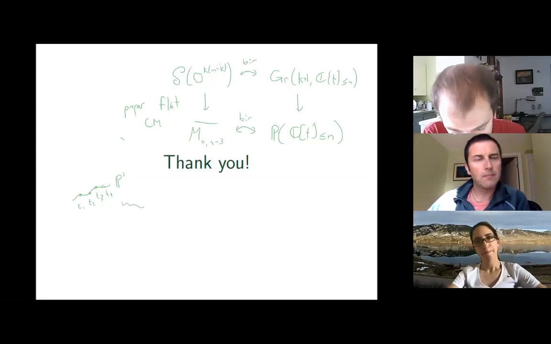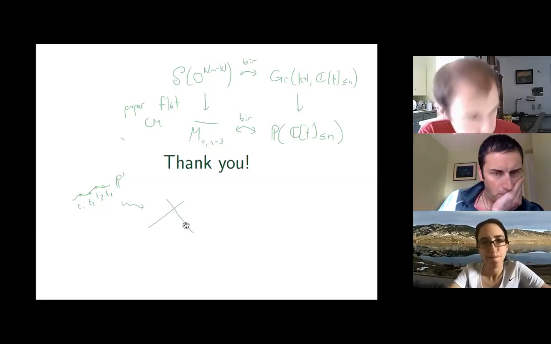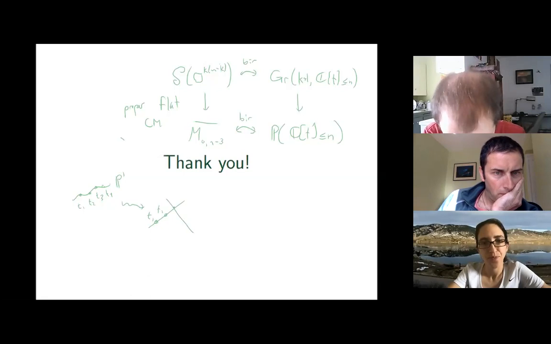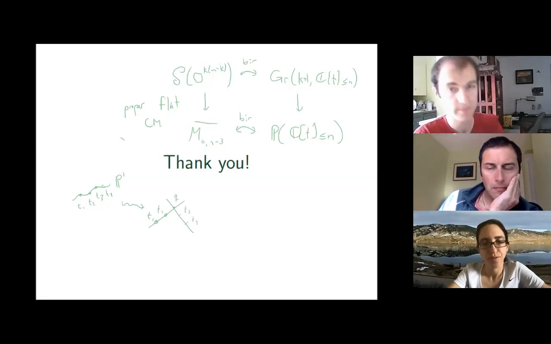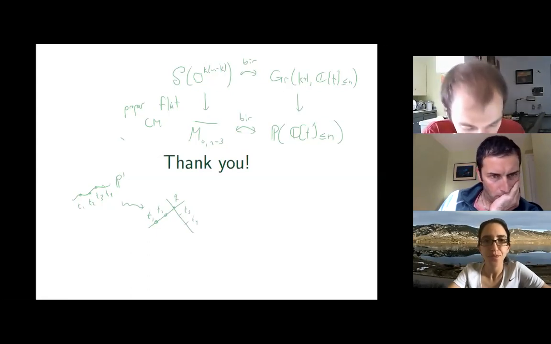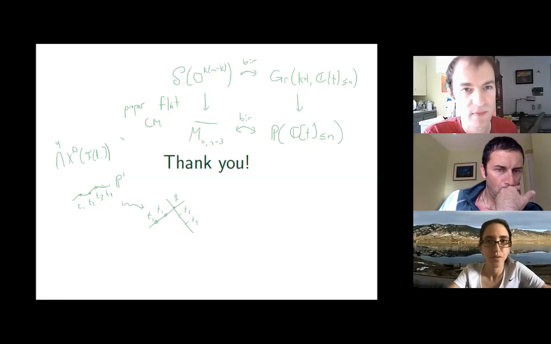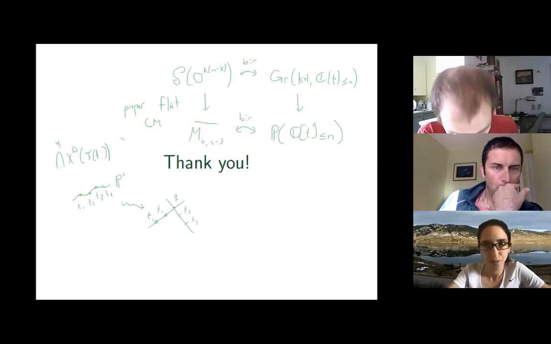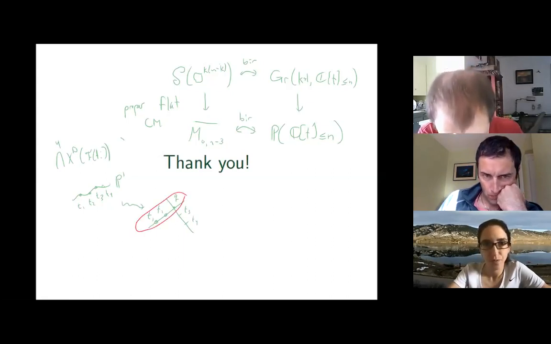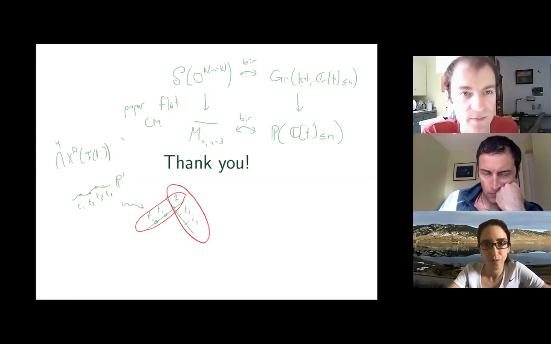And if we degenerate to this limit, where we have T1, T2, Q, T3, T4. Then up here, in the original one, we have an intersection of 4 Schubert varieties, F of Ti. In the limiting one, we have 2 separate pictures. We have this one and we have this one.